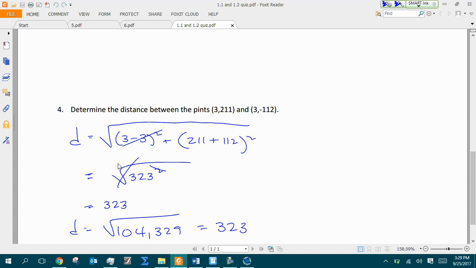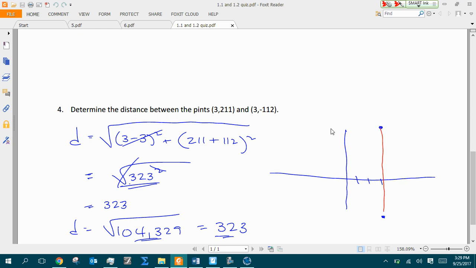That's fine, but understand that you did a lot of extra work going from here to there and then undoing that to get back here. This is all great and it works, but understand this. This is why I gave this question, to make sure that we recognize efficiency and how we can be efficient. If I go x = 3, and 211 might be up there, and negative 112 might be down there, that line is vertical.